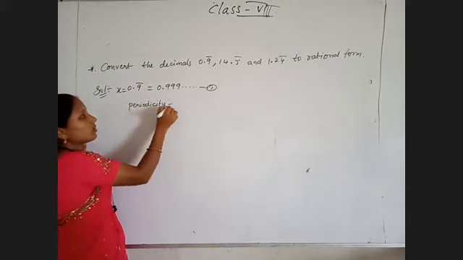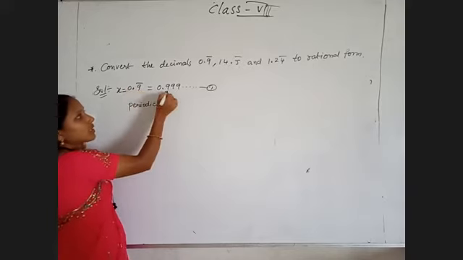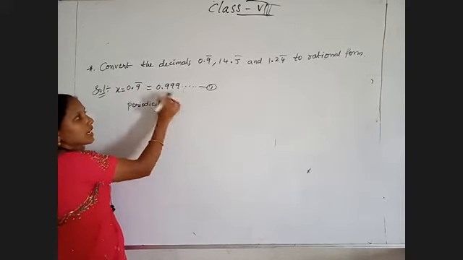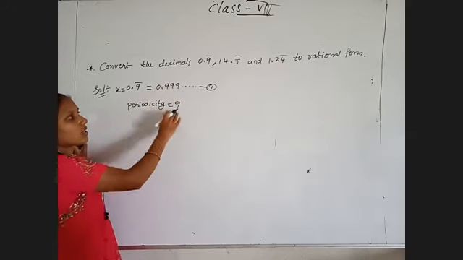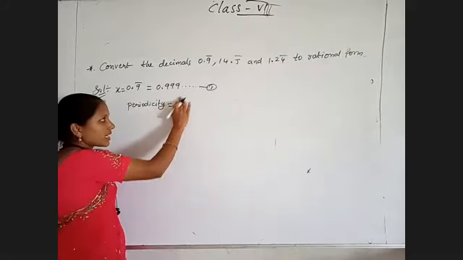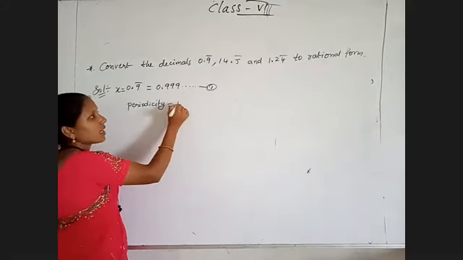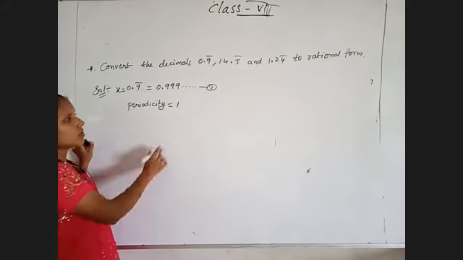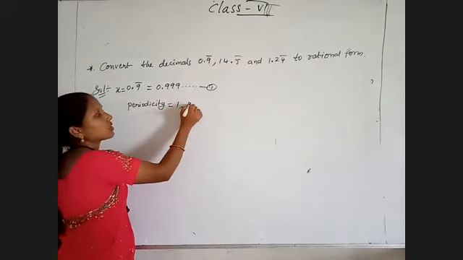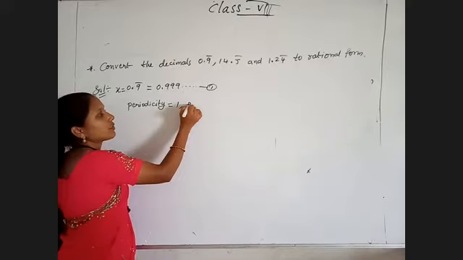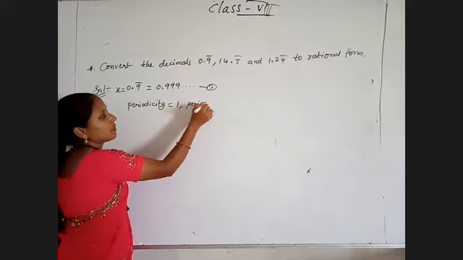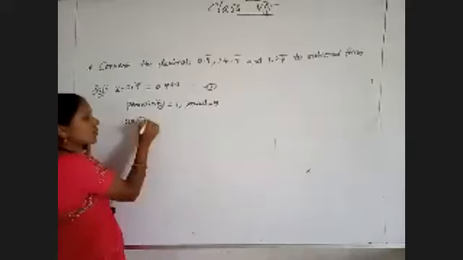How many digits are repeating? Only 1, that is 9. Periodicity is 1 and the period is 9. So we need to multiply equation 1 by 10.